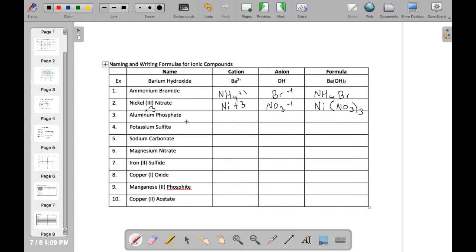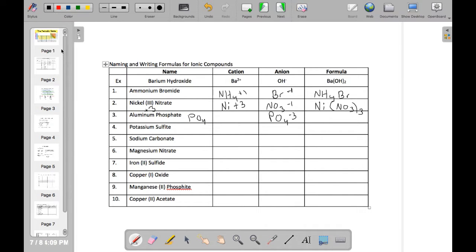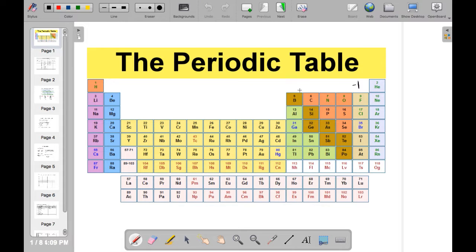Going down, phosphate. This is PO4. So let's go ahead and put it here, PO4. And it's a -3 charge. It's on the chart over here that we have to memorize. Aluminum. Well, where's aluminum? Let's go check it out. Aluminum is in group 3. Here it is. So it's going to be a +3.